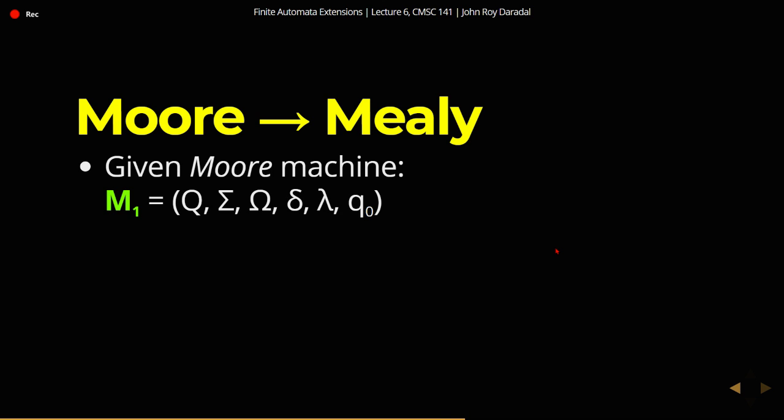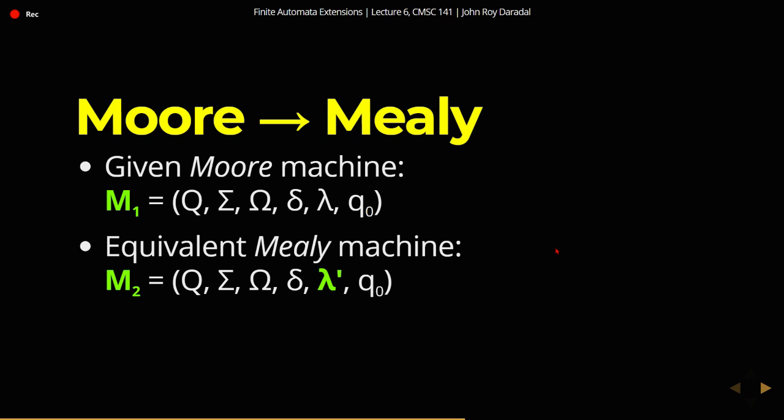So if we're given a Moore machine, let's call it M sub 1 with a given 6-tuple notation. Our goal is to create the equivalent Mealy machine M sub 2, wherein it's the same except for the lambda. So lambda prime is the output function for your equivalent Mealy machine.